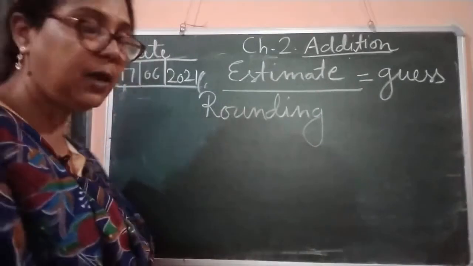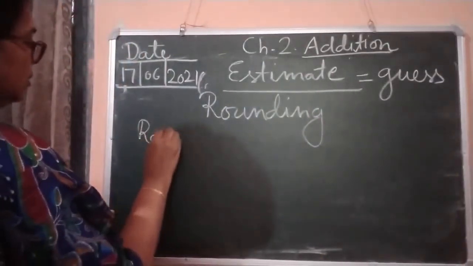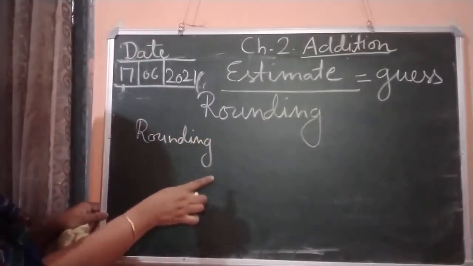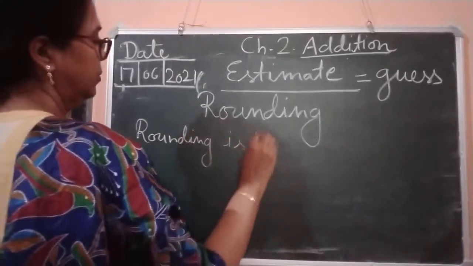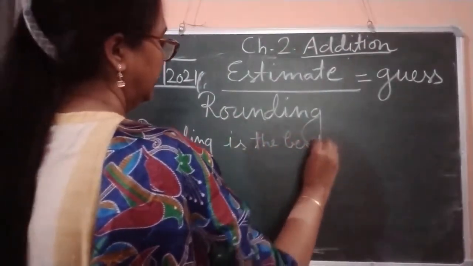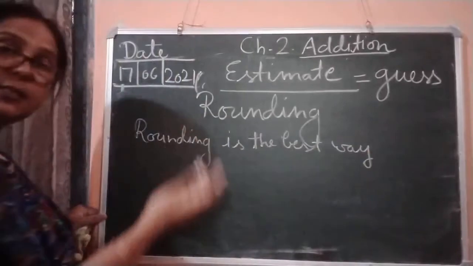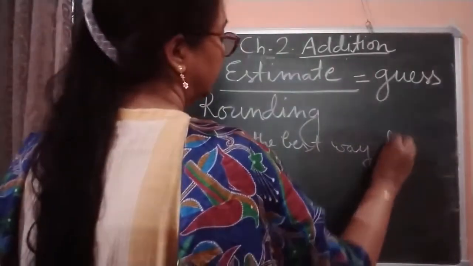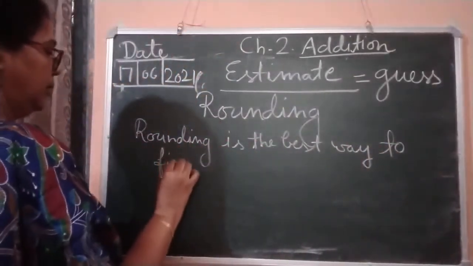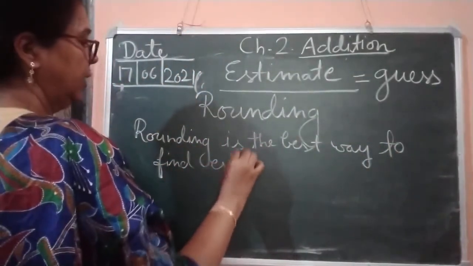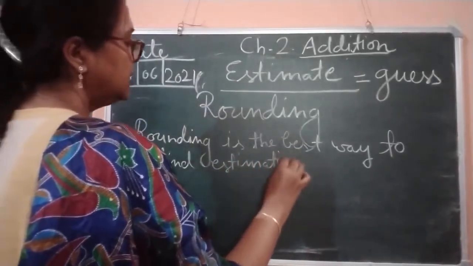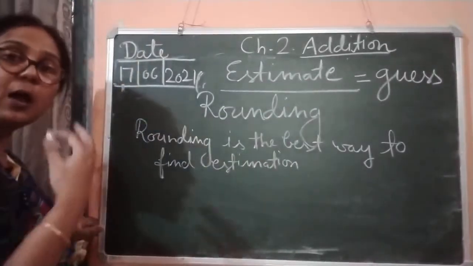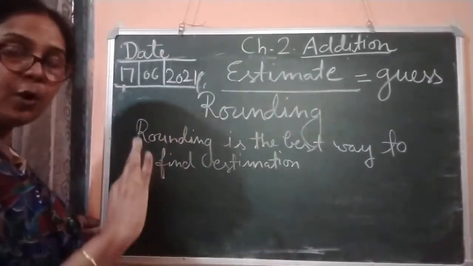Rounding is the best way to do estimation, to find estimation. First we will learn how to round the numbers in a proper way.